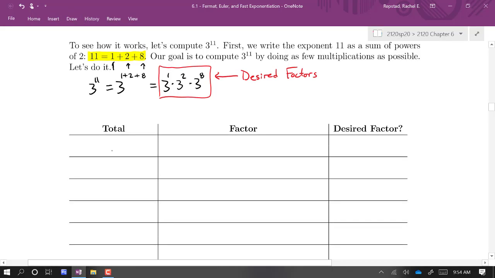So we begin. The total column always starts with a 1. Our first factor is always what our base is, 3, and to the first. Regardless of what appears on your desired factors, we always start with base to the first power. So 3 to the first, which is, of course, 3. This is a desired factor.